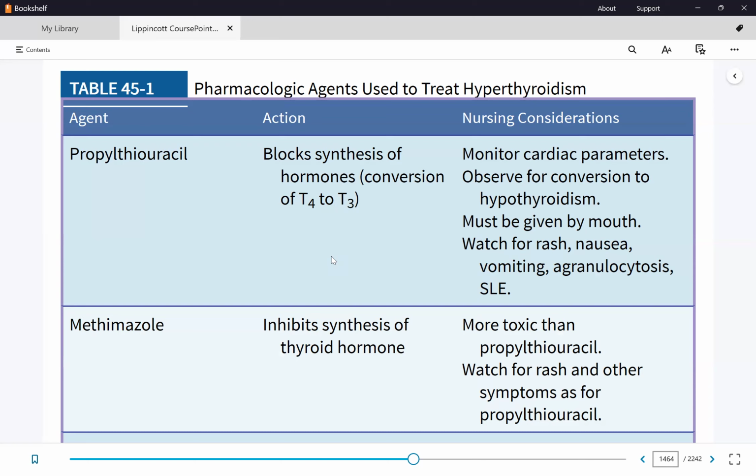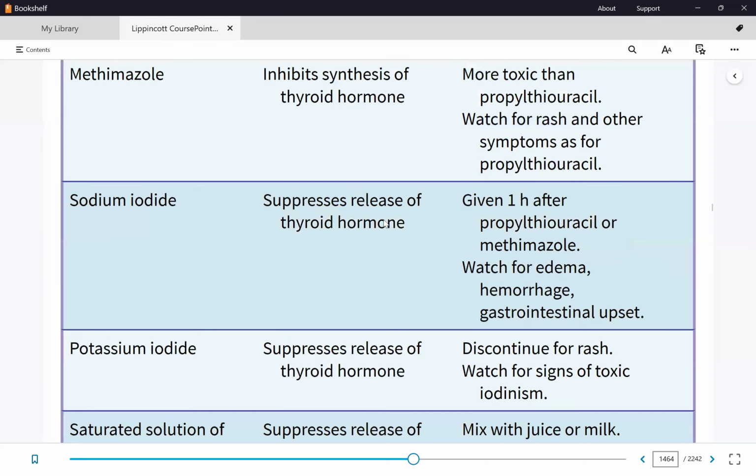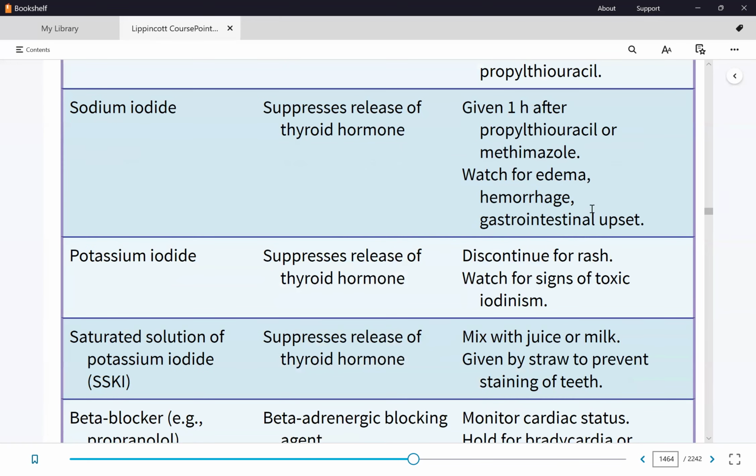So let's say there's no radioactive iodine, so we can do antithyroid PTU or methimazole, and then we'll give the potassium iodide. Potassium iodide is necessary for a pre-op patient, before thyroid surgery, because this will suppress thyroid activity. So what happens to the blood flow to the thyroid gland?